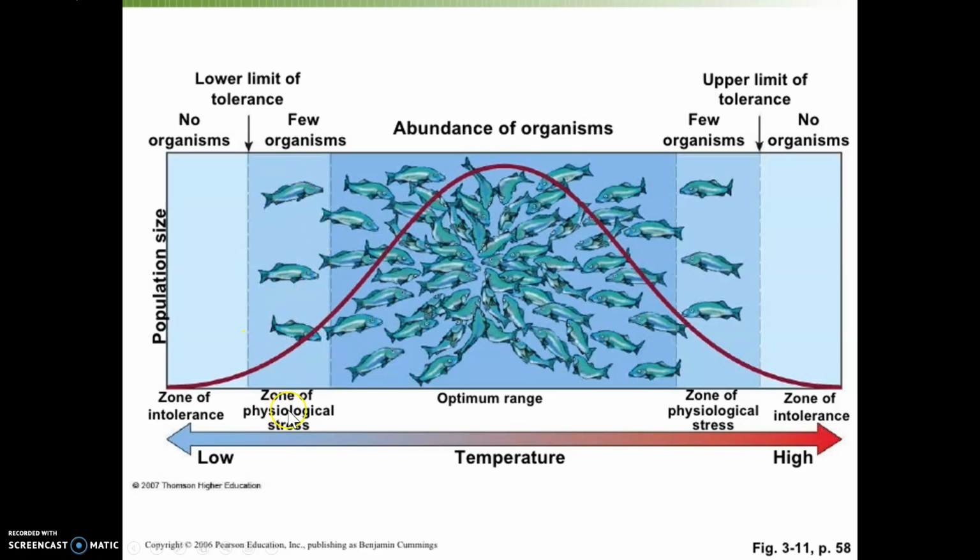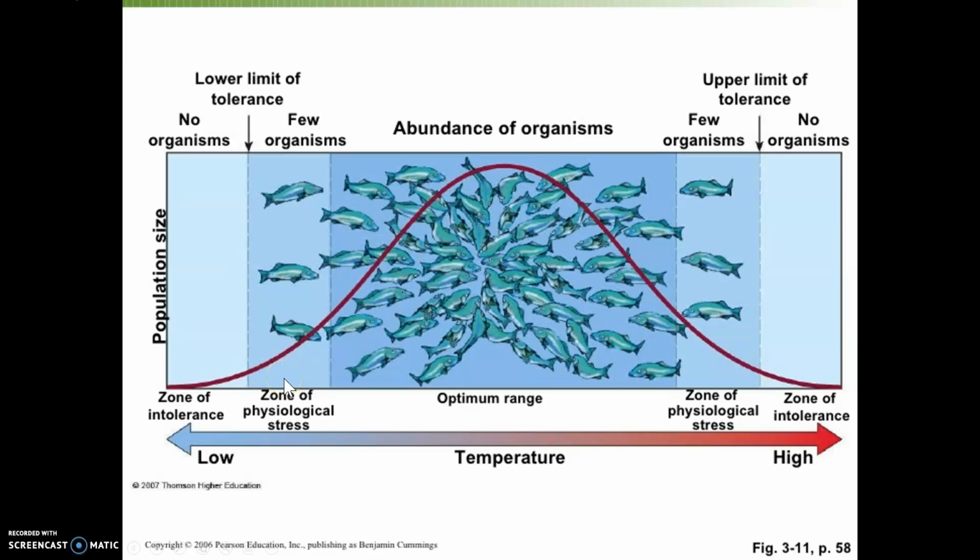We're going to see much less organisms. And same thing here, if we go to a zone of too high a temperature, again, zone of stress, we're going to see fewer organisms. But if we keep going in that direction, either high or low in temperature, we're going to see that no organisms are present because they aren't able to survive here.